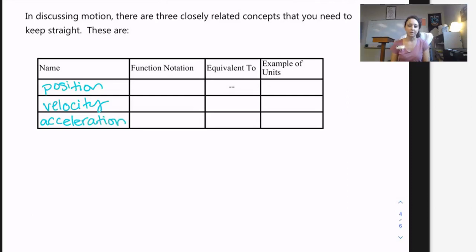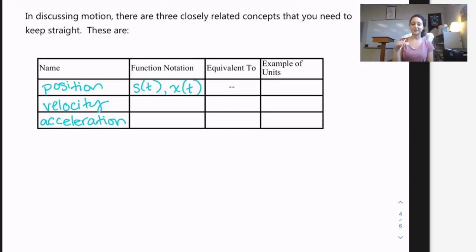Okay, so for position, we often use s of t, or, and my students hate this, x of t, because you're only ever moving in Calc 1 in one dimension, okay? So one direction, and that is typically what we say along the x-axis, so horizontal movement.